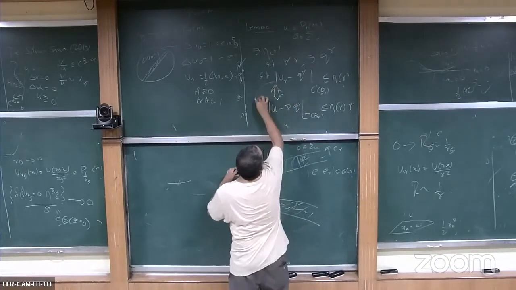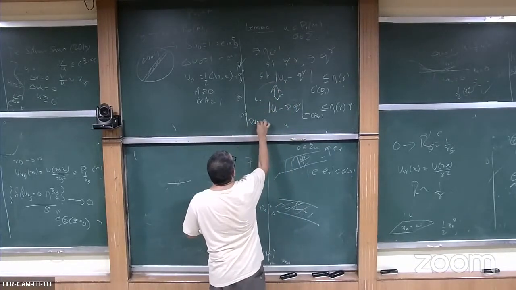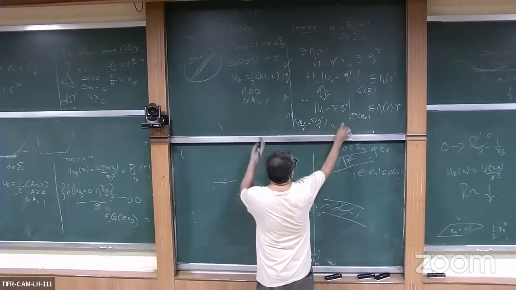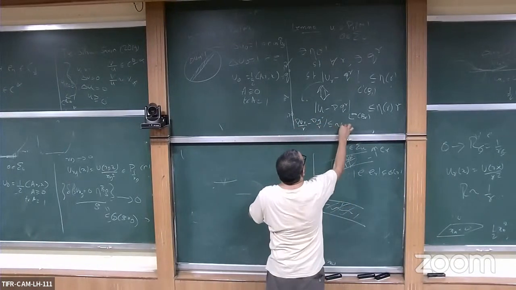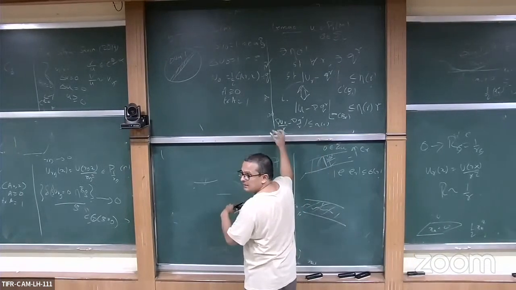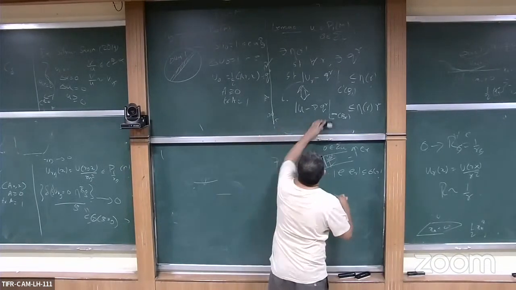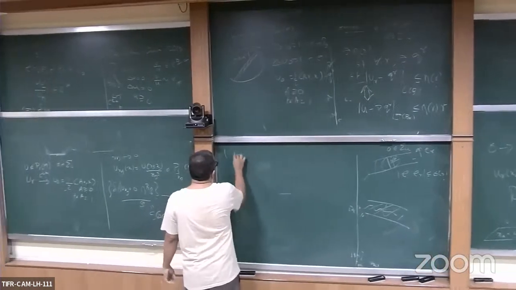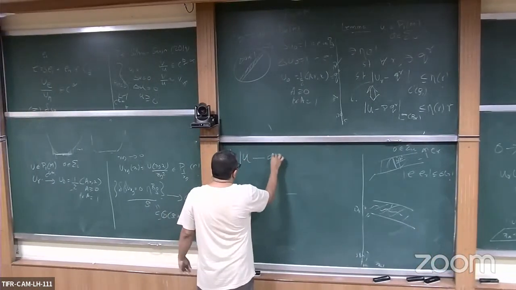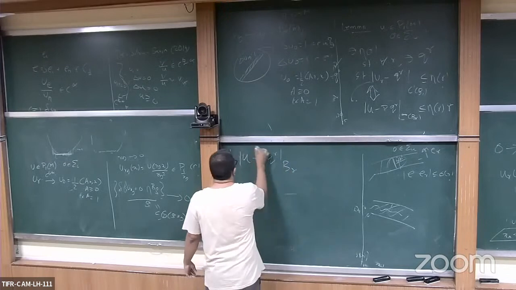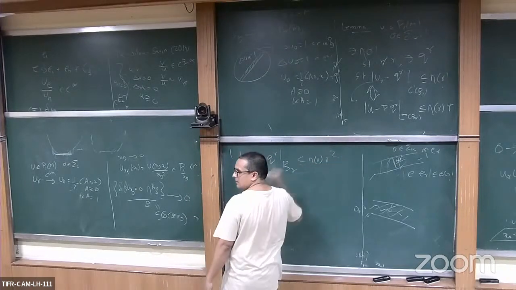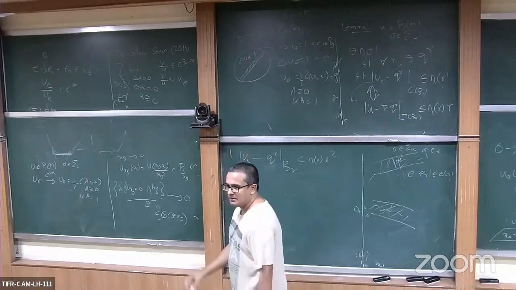Because if I were to do this in B1, this would simply be grad u_r minus grad Q_r, and in this set it will be less than or equal to eta r, meaning if I move this r there, it is r eta r. And not only that, for the L infinity norm, you have that u minus Q_r over B_r is less than or equal to eta r squared. And this happens at every singular point.